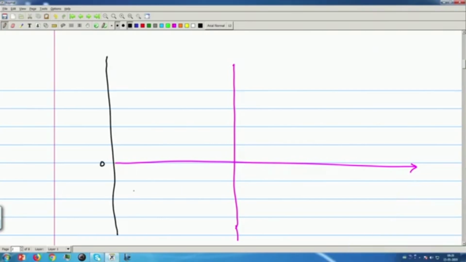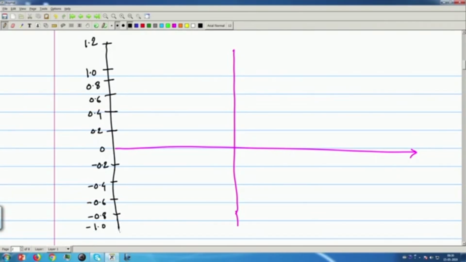So, this is 0 and let us say this is 1, this is 1.2 and then 0, 0.2, 0.4, 0.6, 0.8, minus 0.2, minus 0.4, minus 0.6, minus 0.8, minus 1.0, minus 1.2.